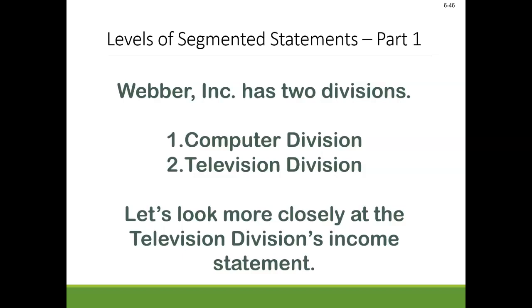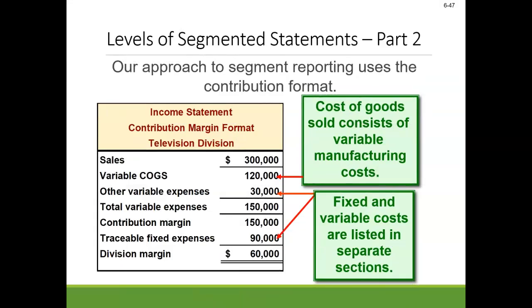So we've got this company, Weber. They've got a computer division and a television division. We're going to focus here on the television division. Here you see the sales from the television division, the variable cost of goods sold.